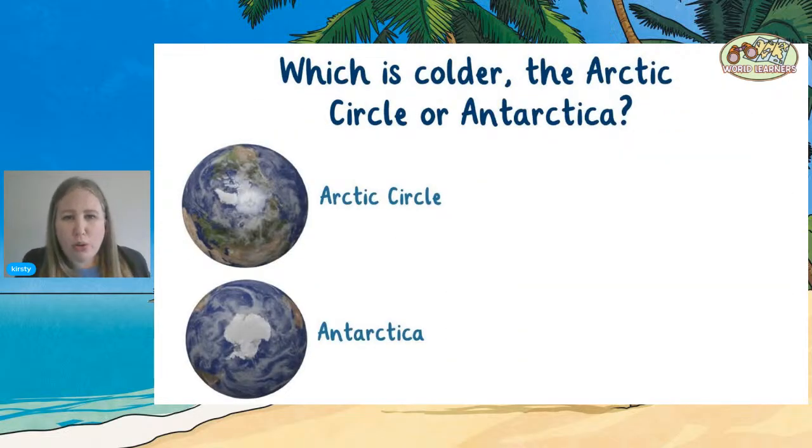Which is colder, the Arctic Circle or Antarctica? This is casting our minds way back 5 weeks ago. Which one is colder, the Arctic Circle or Antarctica? Which one are we going for?